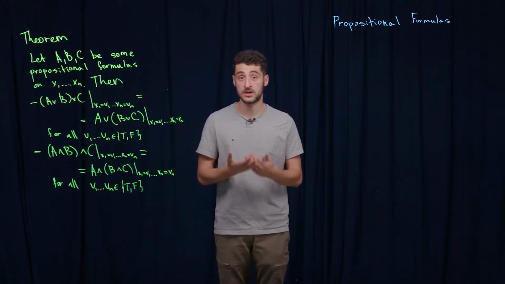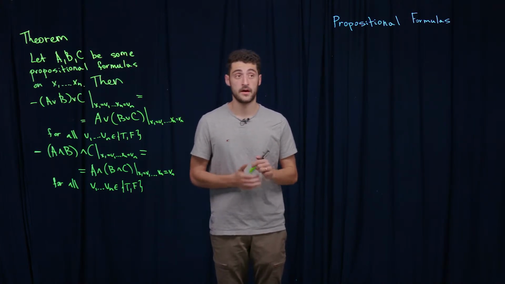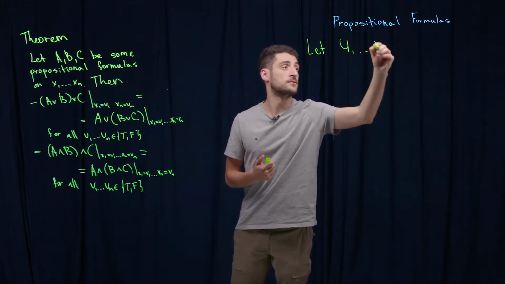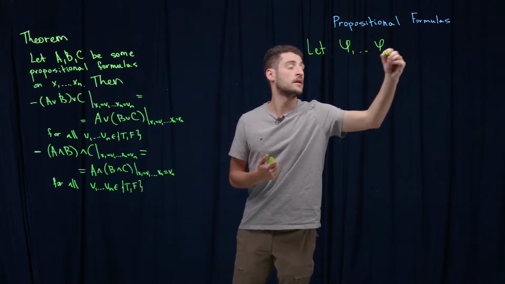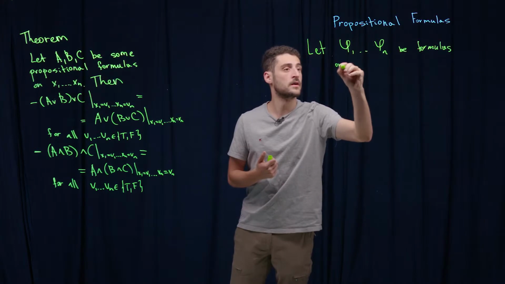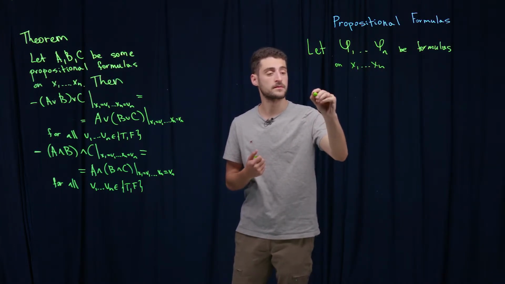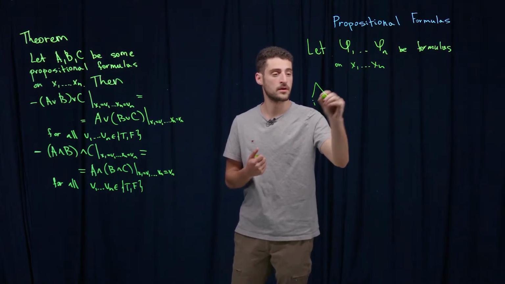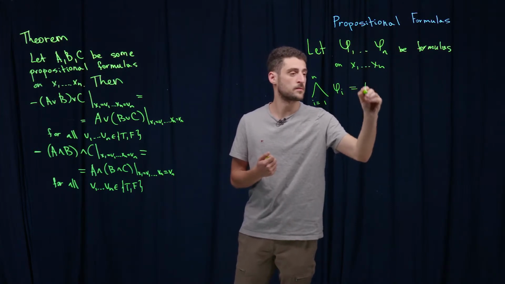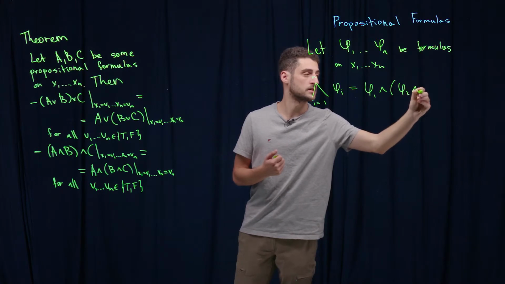Since we have some kind of associativity, we can define disjunction and conjunction of more than one formula. So let phi1 to phin be formulas on x1 to xn, then conjunction of phi i's for i from 1 to n is phi1 and phi2 and so on.